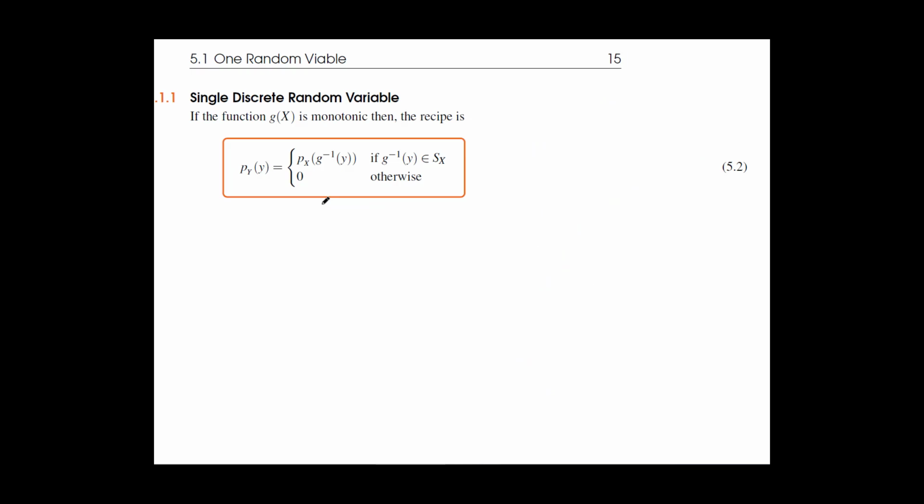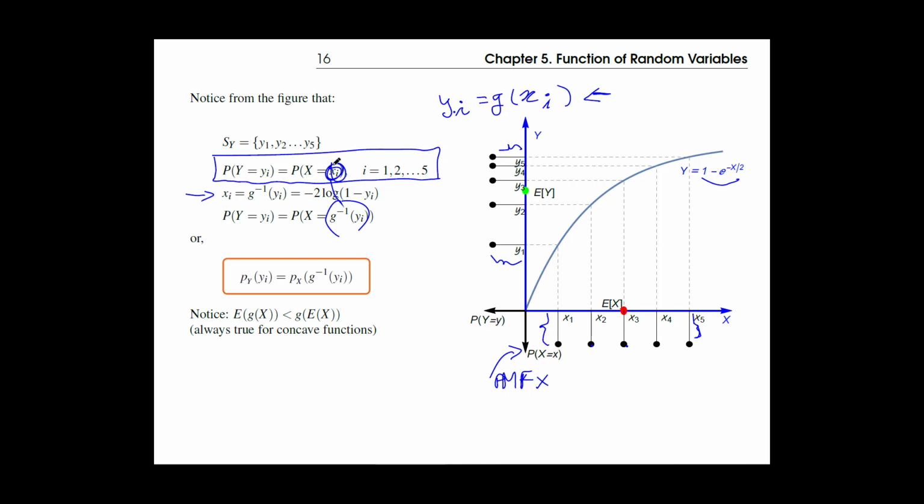The recipe is: evaluate the PMF of x at the inverse of y. And that's it. That is saying that the probability of y equals yi is the same as the probability of the corresponding x. Nothing else.